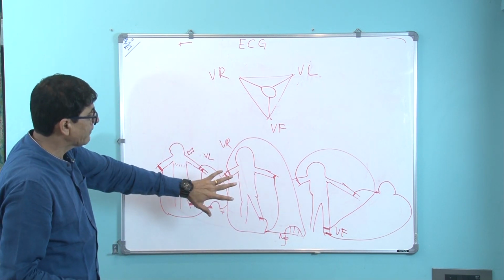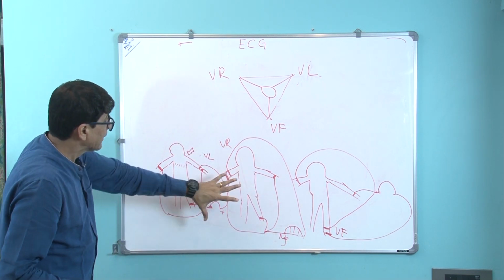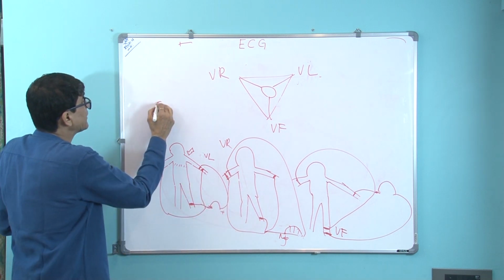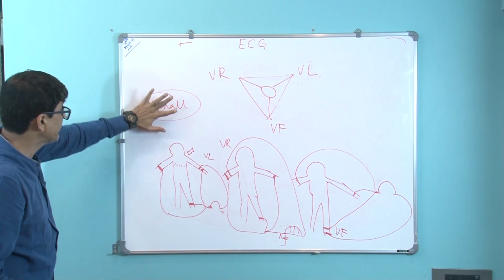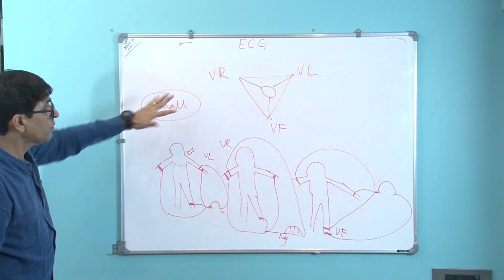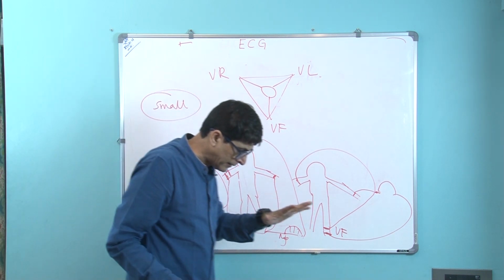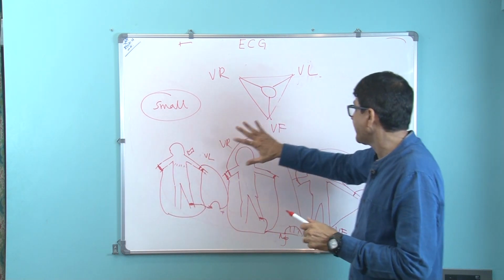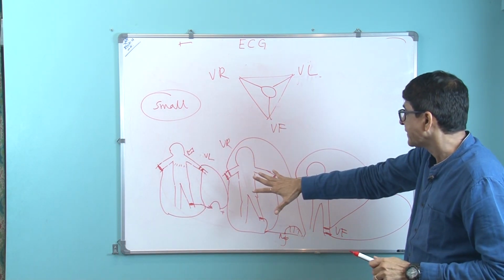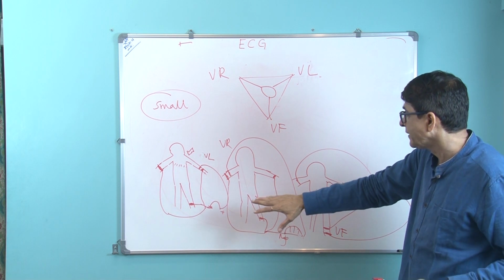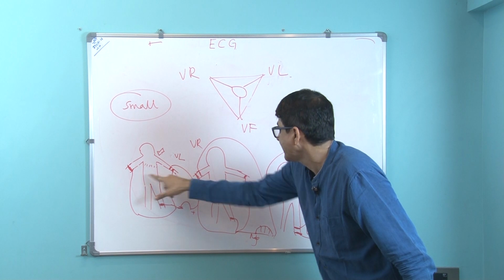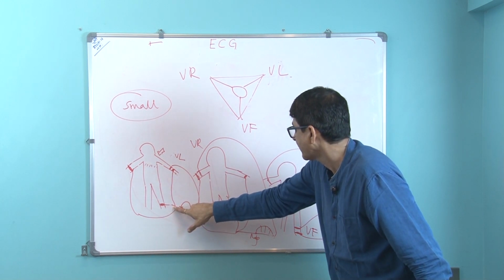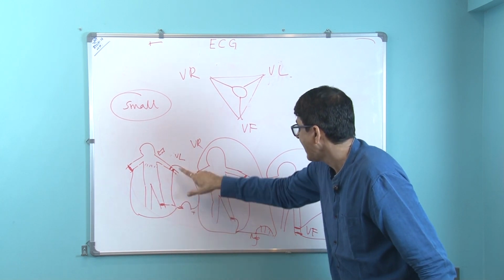But what they found, after recording this, was that the deflection of the ECG was very small, very small. So Goldberger modified it. See how. This is the central terminal where all 3 are connected, with the negative pole here.